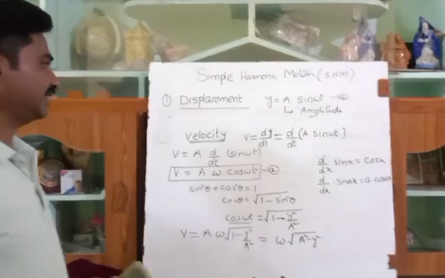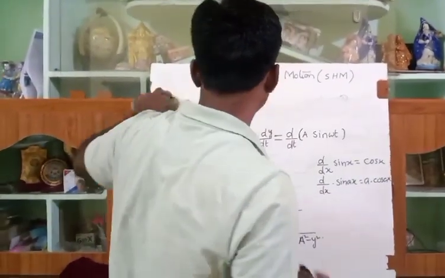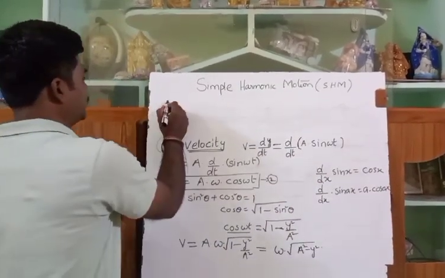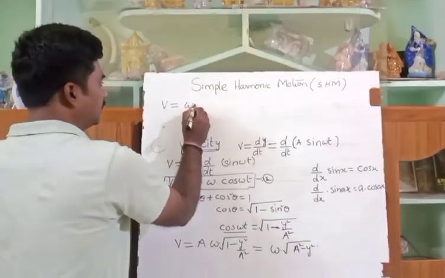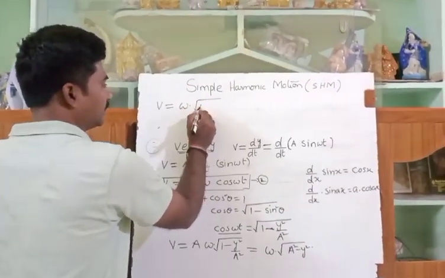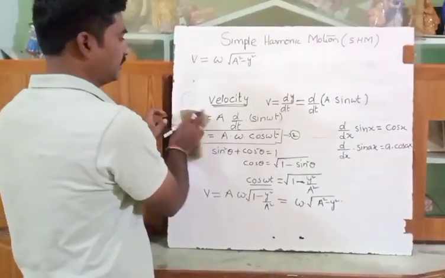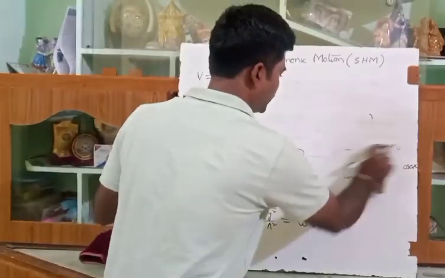So this is the velocity expression. I am writing this clearly here: velocity v is equal to omega root over a square minus y square. This is one expression in terms of the displacement of the particle.